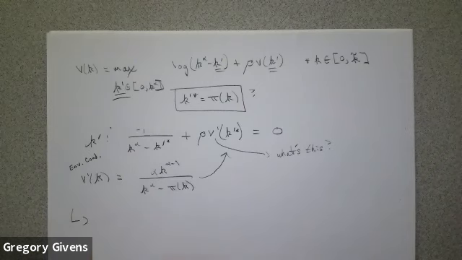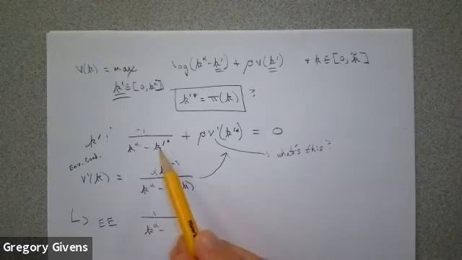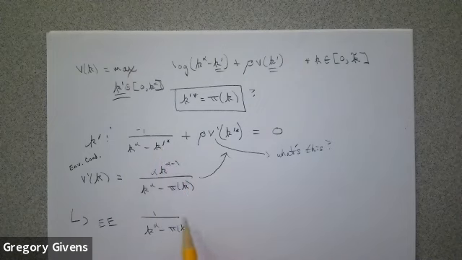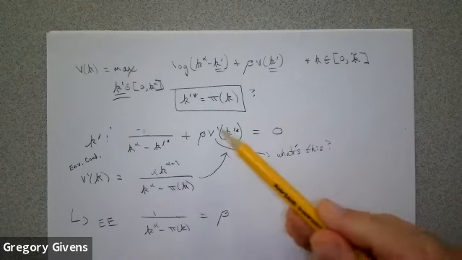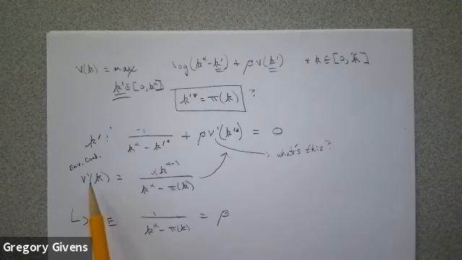And what are you going to get then for the Euler equation? I'm going to swing this thing to the other side. It's 1 over k to the alpha minus k prime star, that's pi of k, is equal to beta times V prime of k prime. Well, what is V prime of k prime equal to?